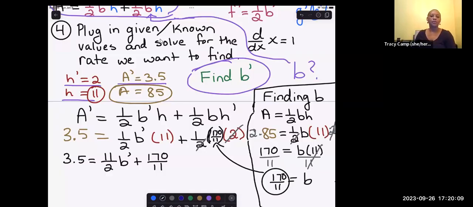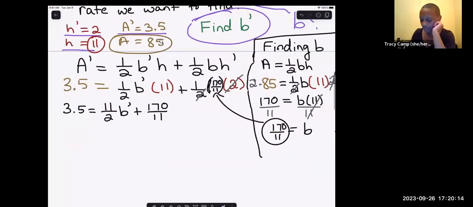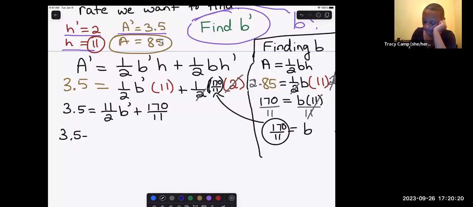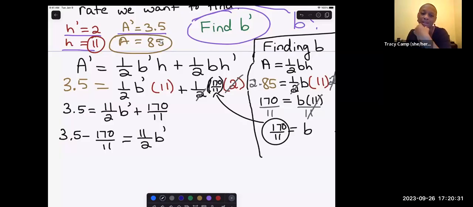So I'm going to move that 170 over 11 to the other side of the equation. I'll subtract that from both sides: 3.5 minus 170 over 11 equals 11 over 2 B prime. And then from there, I need to get B prime by itself. So I'll multiply both sides by 2 over 11, or divide both sides by 11 over 2, which is the same thing as multiplying by the reciprocal.